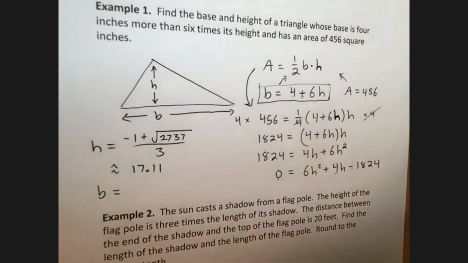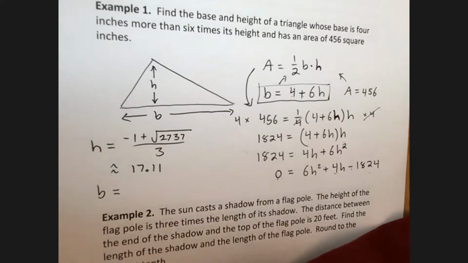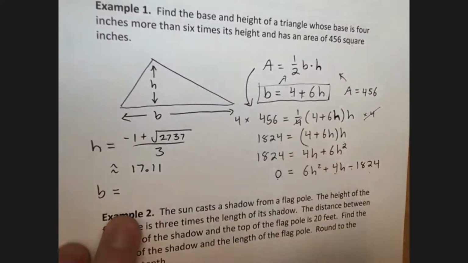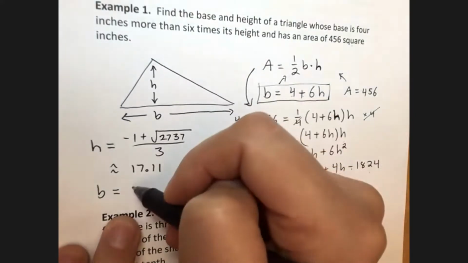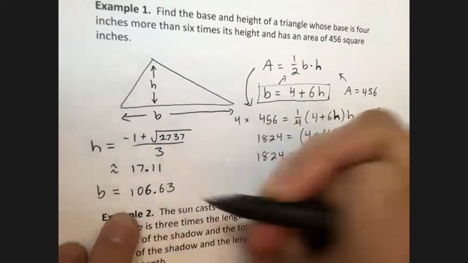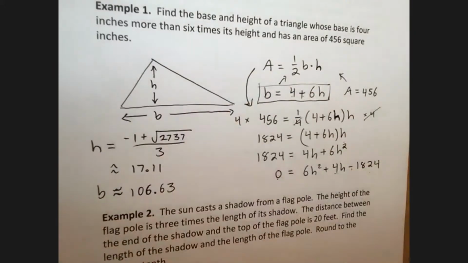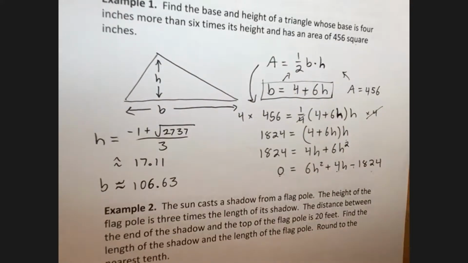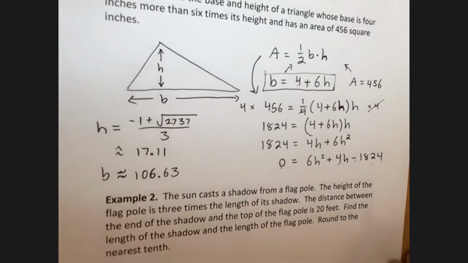The base is equal to, so I'll just take that answer I just got, multiply it by 6, add 4, and I get 106.63 approximately, because I'm rounding here. Okay. So there we go. Some big numbers to deal with there. I probably should have just used a calculator earlier on, but maybe that was a good exercise in how to simplify a big radical anyway.